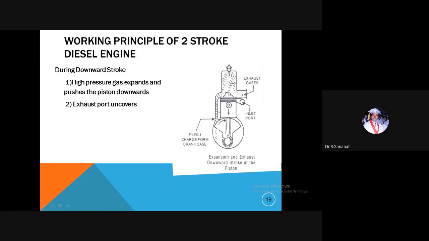Observe here. First, the transfer port will be open. The fresh air in the crankcase will be sent to the engine cylinder through the transfer port.